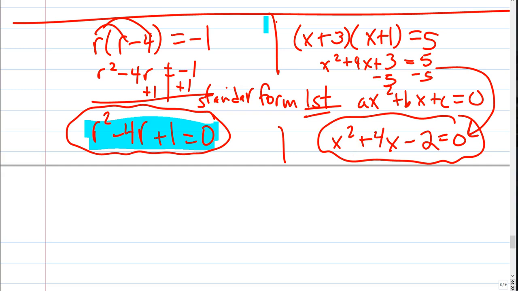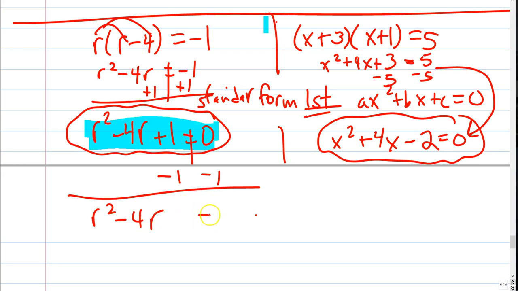This will be easiest to do by completing the square, meaning move the c, complete the square, add what to both sides after we cut that in half, negative 2 times negative 2.